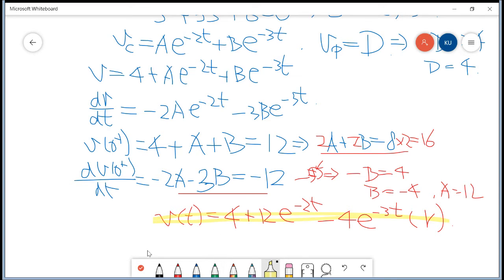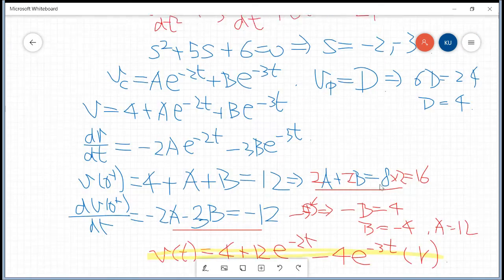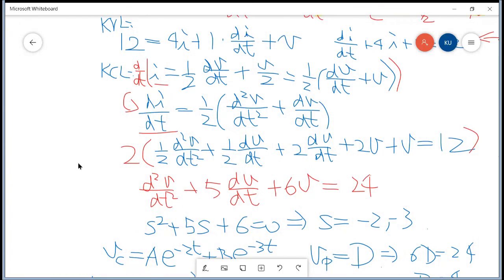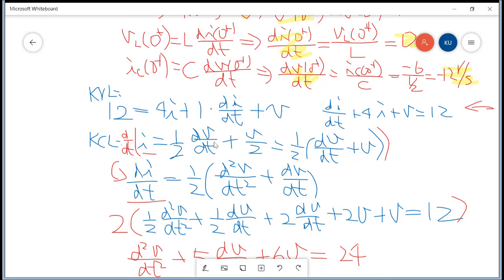And for I, actually we don't really need to write another equation and solve again. We can actually see that I would be 1/2 dv dt plus v.